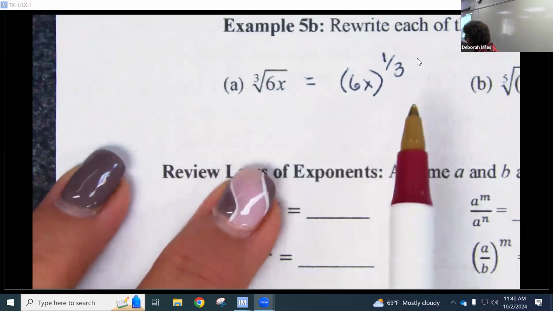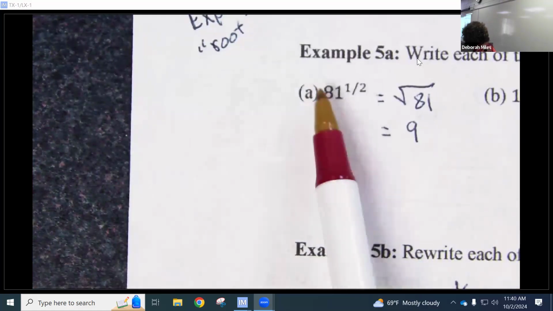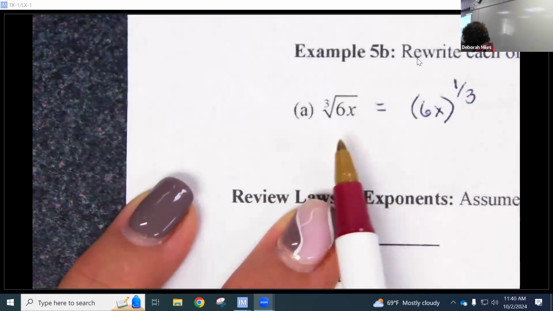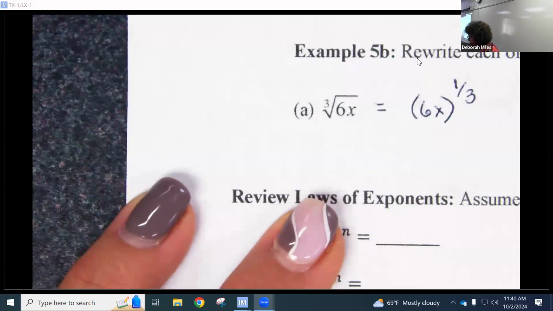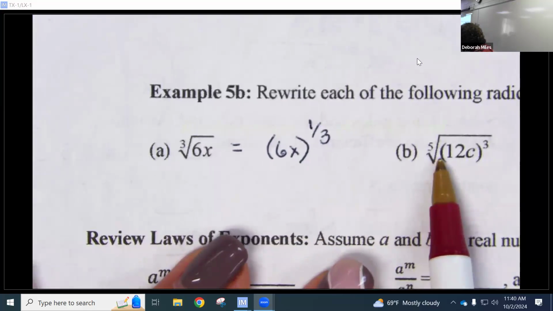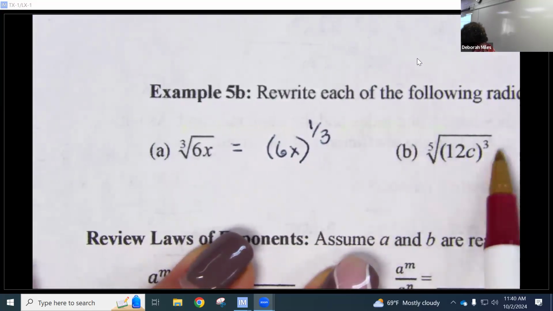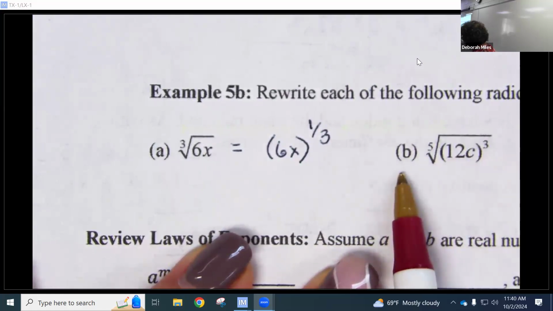We're going just the opposite of what we did above that. We changed the exponent to a radical. Now we're changing the radical back to an exponent. B part is 12c in parentheses cubed and then 5th root of that.